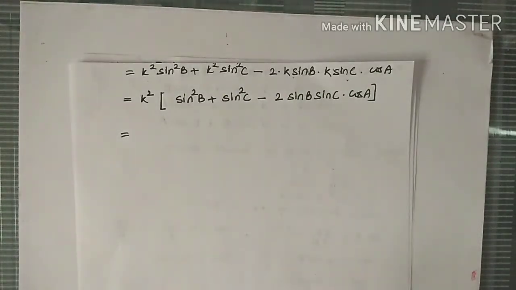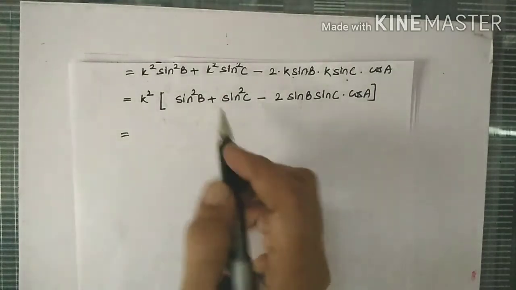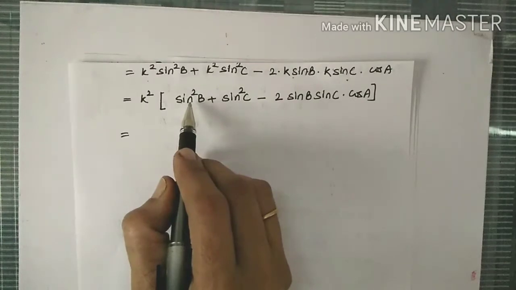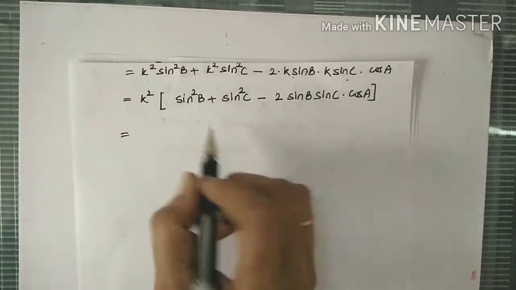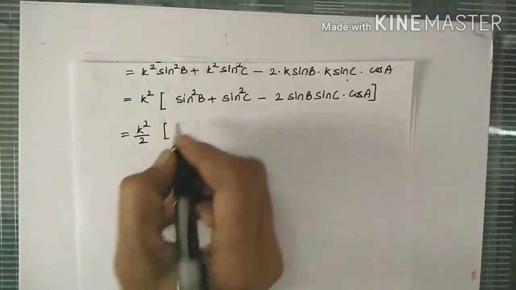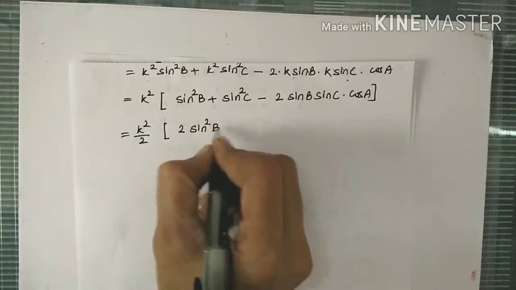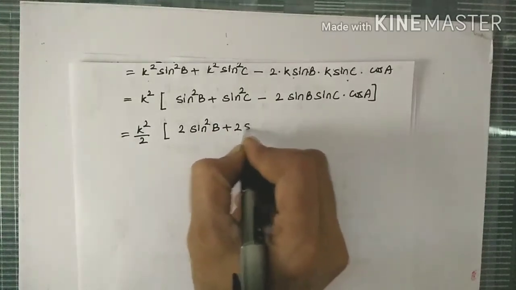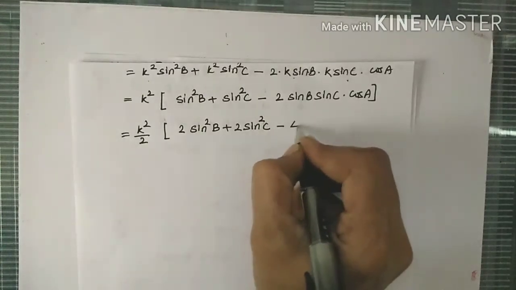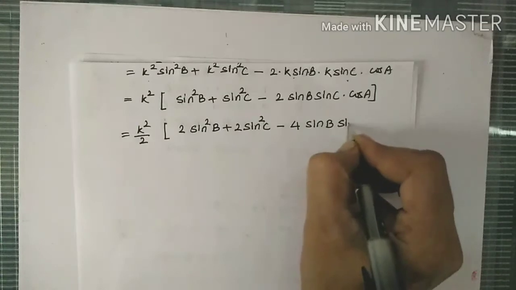Now to simplify this further, let's multiply this bracket by 2 and divide by 2 so that we get 2 sine square B, and we can write 2 sine square B as 1 minus cos of 2B. So dividing by 2 and multiplying by 2, we get 2 sine square B plus 2 sine square C, and here multiplying by 2, we get 4 sine B sine C cos A.